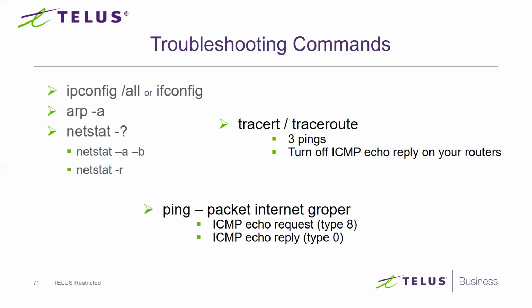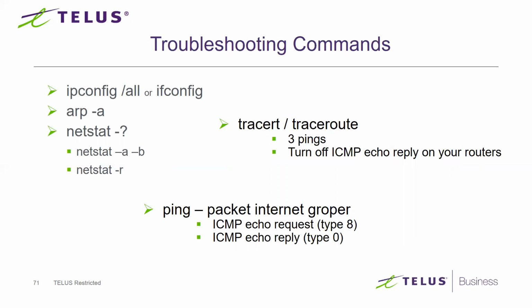Netstat with a -A or -B or -R give you different results, but Netstat is a phenomenal tool to see what's actually running on your laptop or Mac that can tell you what is happening. I think Netstat is actually a command that's a Windows-based command prompt.